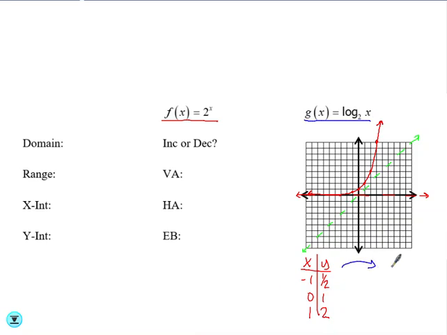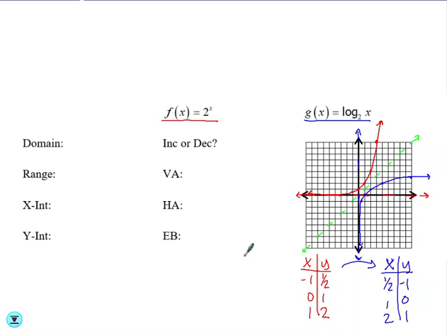So if I switch the x's and the y's, since we are reflecting this graph over the line y equals x, our horizontal asymptote will become a vertical asymptote. And with our new blue table here, we have these points. So here is the graph of our logarithmic function.